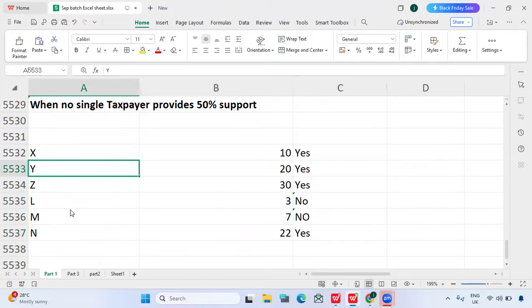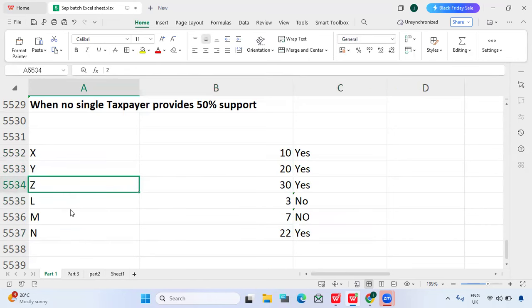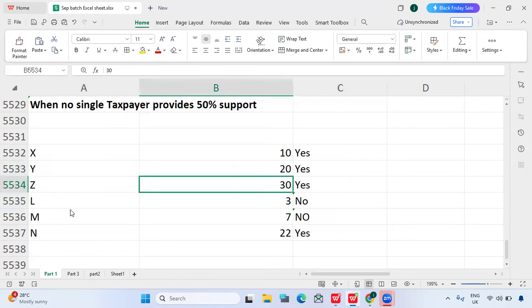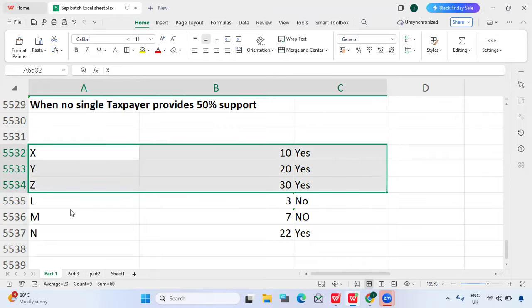Now in this case, who can claim? X, Y, Z, or N? So in this case, they have to agree. If everyone would like to claim the dependent, but only one person is eligible to claim, right? In that case, they have to sign a written agreement.